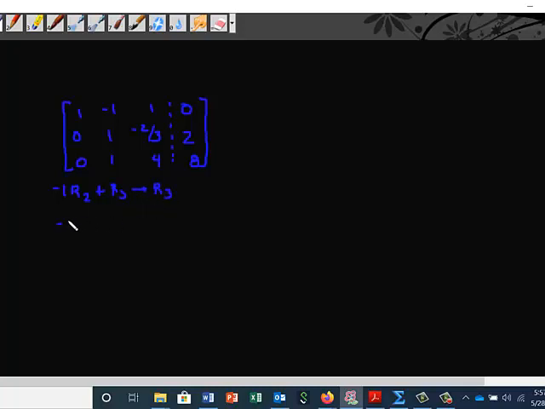So negative 1, we have 0, 1, negative 2 over 3, we have 0, negative 1, positive 2 over 3, and this is negative 2.